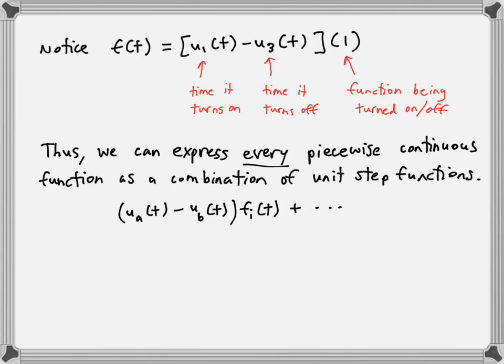Each function that you want to turn on and off at a particular time can be done this way. Okay? So what I want us to do now is actually practice the notation here. We're not going to learn how to do Laplace of this in this section. That we're saving for the next section. All right? But let's actually practice taking a piecewise function and expressing it using this notation.